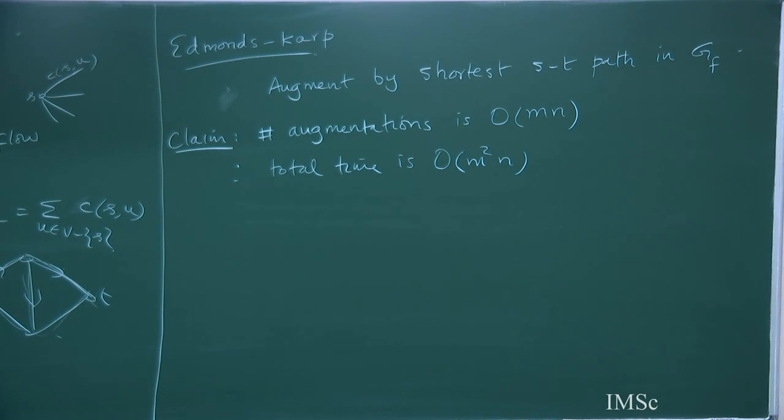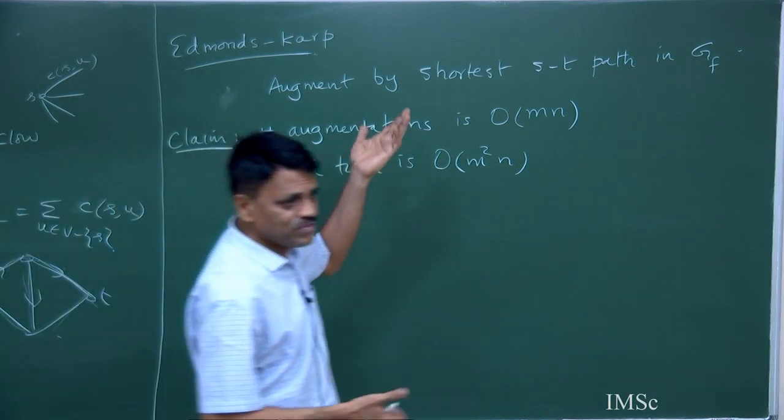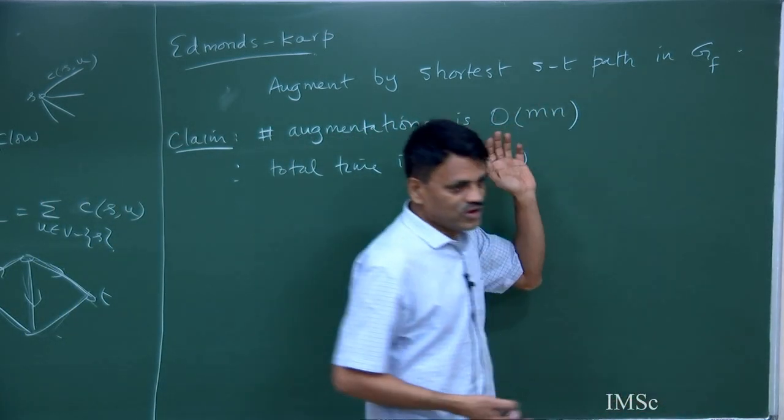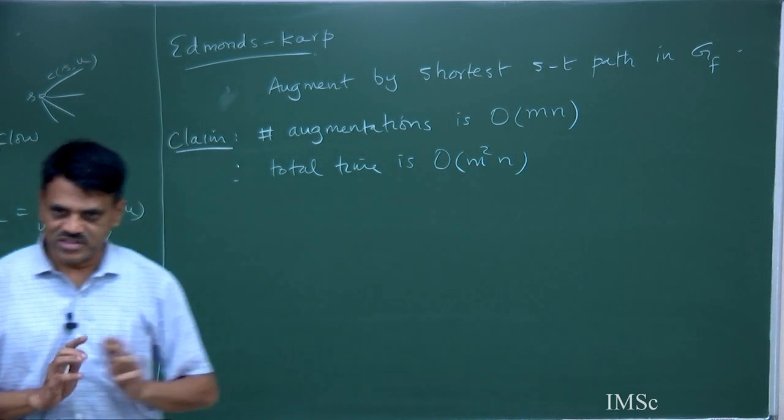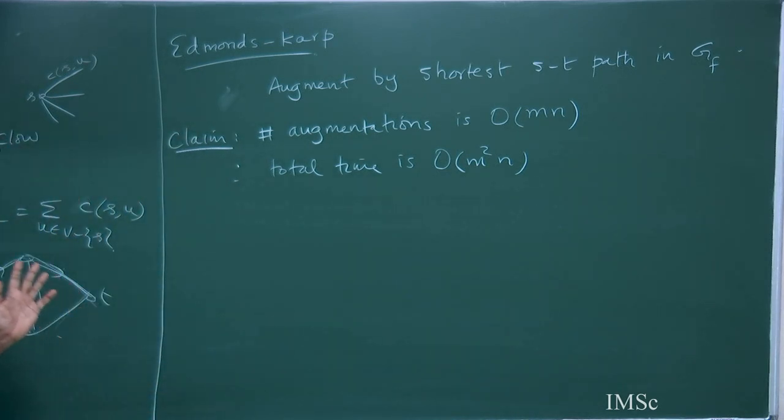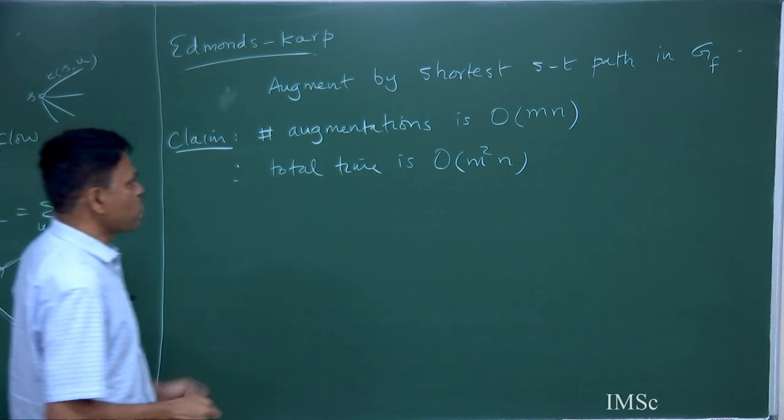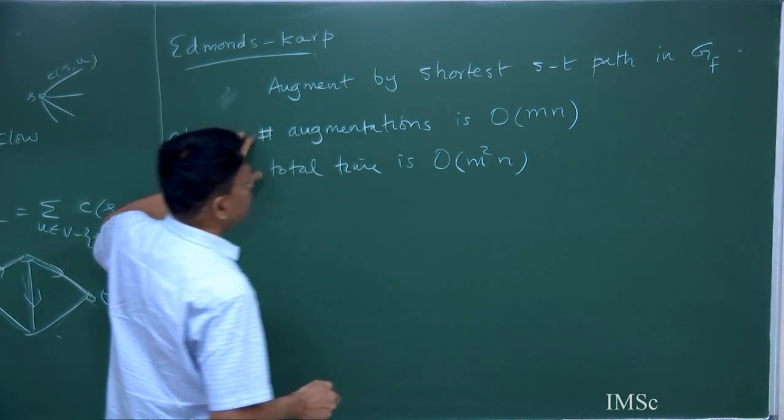Finding the shortest path can also be done in m plus n time, right, because we're not talking about a weighted graph, it's just the unweighted residual graph. How do you find the shortest ST path? BFS. Come on. BFS finds the shortest ST path, right? So just start doing a BFS from S. Okay, so this is what we want to prove.